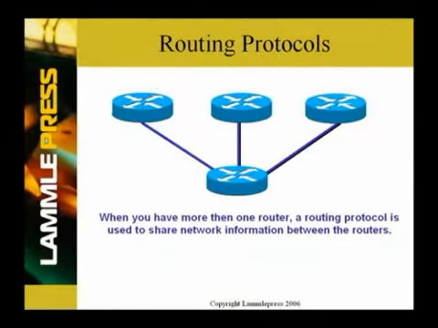Now think about your post office. If each post office in your city, assuming you have multiple post offices, built their own map of the city, each post office would have a different map, and they'd never be able to deliver mail. And just like in your city, we can't have this on our internetwork.